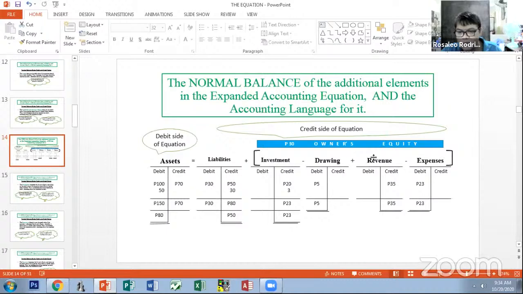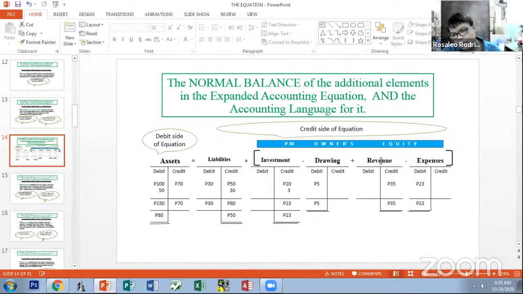This is revenue, then the expenses. As we already learned, this is about a transaction. Here, sale of goods or services. Here, incurrence of costs and expenses. A revenue is a transaction that increases the owner's equity.